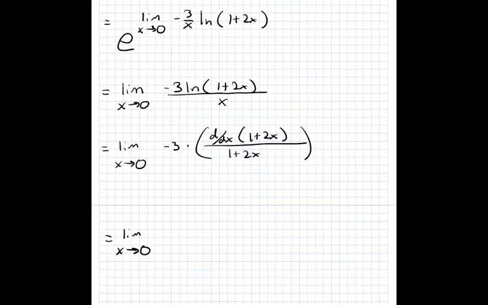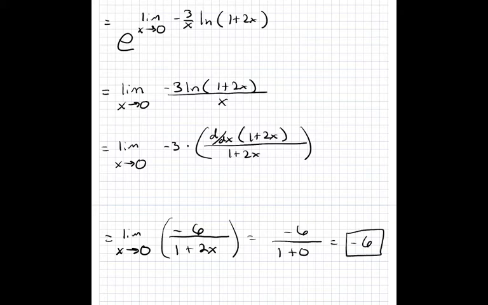So that derivative ultimately is 2. Okay. So on top, it looks like we're going to have negative 6 divided by 1 plus 2x. Okay. I feel good about this. So now, if we evaluate the limit, we're going to get 1 plus 0 under the negative 6. And I think we get a result of negative 6.